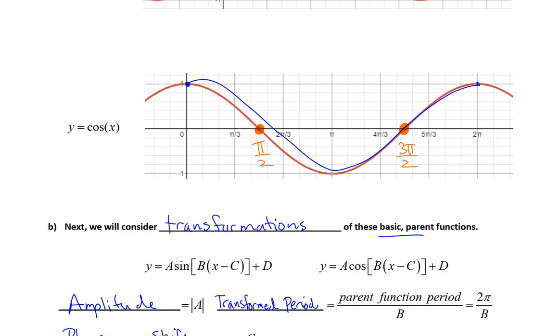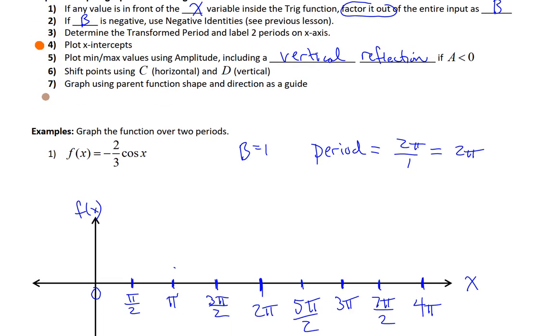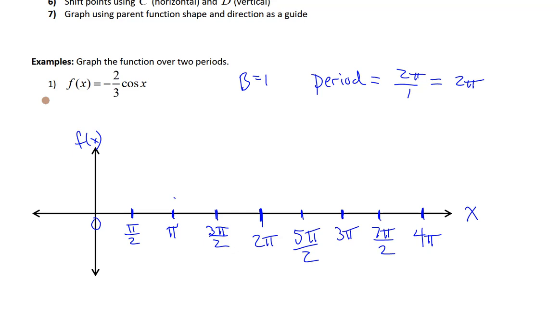And so really those are the two x-intercepts within one period of our cosine graph. Now, if we look at what we have marked so far in trying to go for 2 periods, pi over 2 is on there. So we'll mark a point there for our first x-intercept. And then so is 3 pi over 2. So we'll mark that.